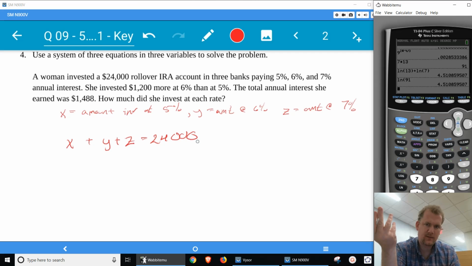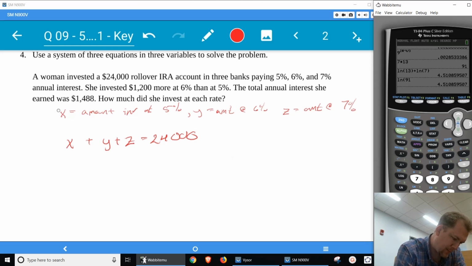Then every sentence is giving us a new equation. So, she invested 1,200 more at 6 than at 5. So that tells me that the amount invested at 6% is the amount invested at 5% plus an additional 1,200.